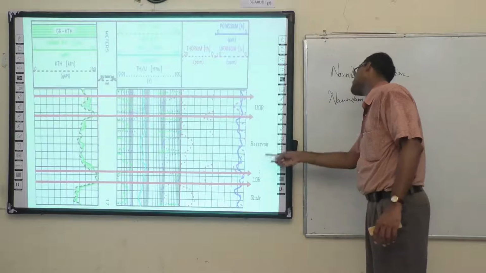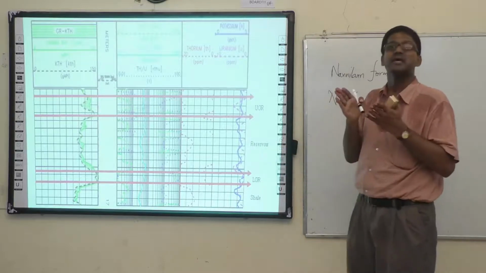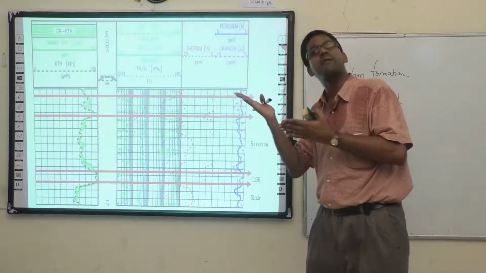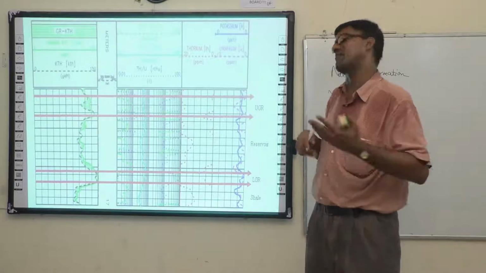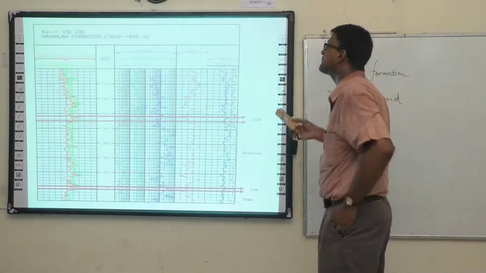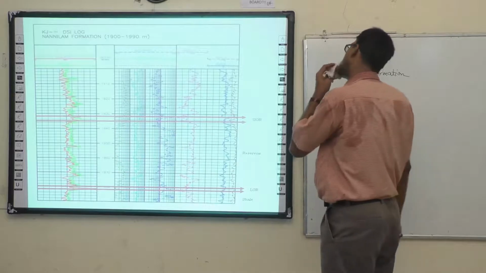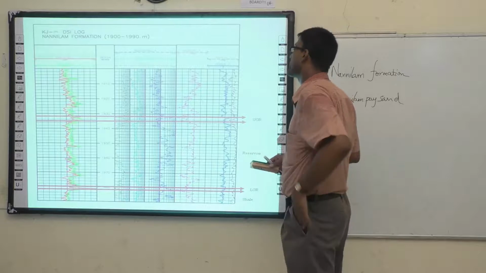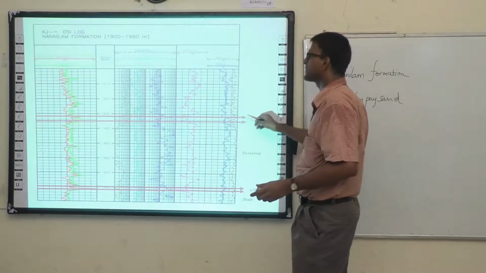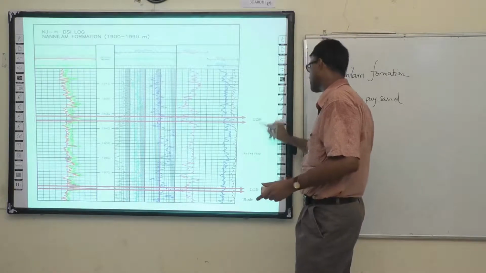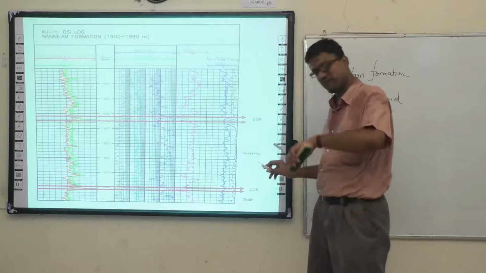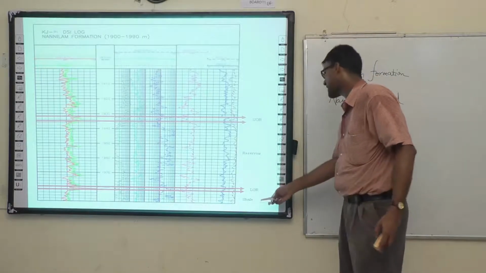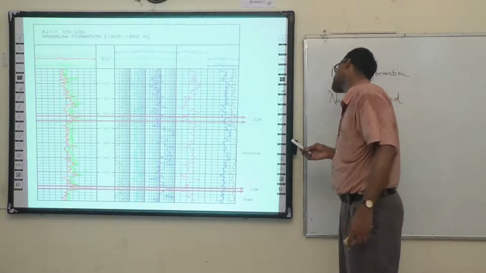So we can say that the reservoir is sandwiched between the lower gamma ray and the upper gamma ray. The same way, this is another well. This is the Nandilam formation, and I have subdivided it into shale, lower gamma ray and reservoir.